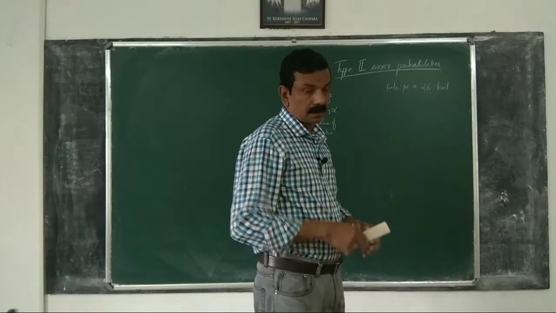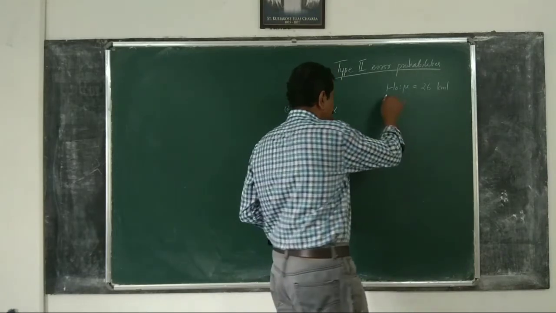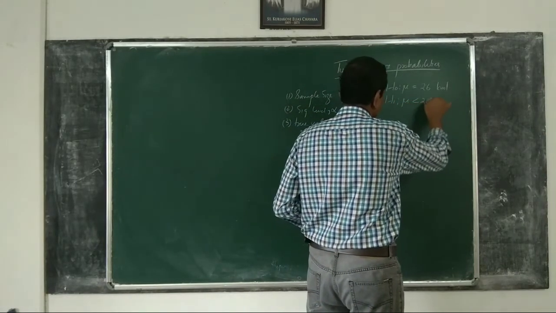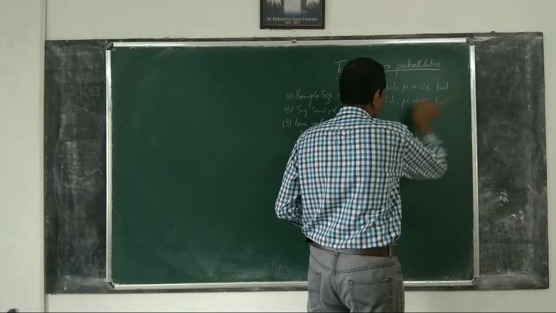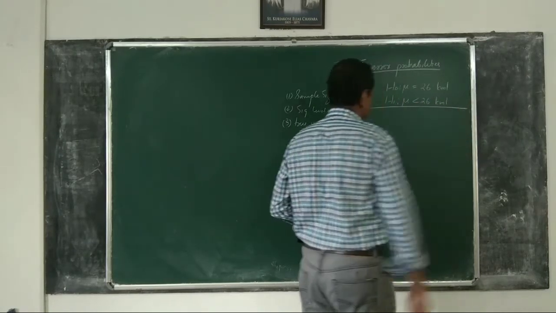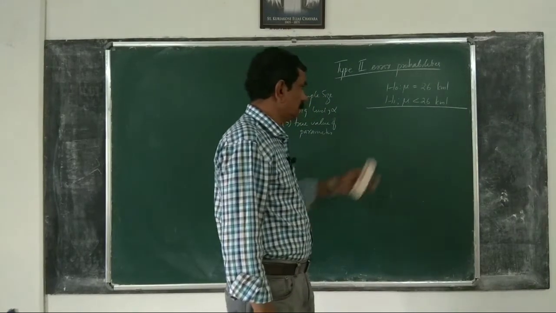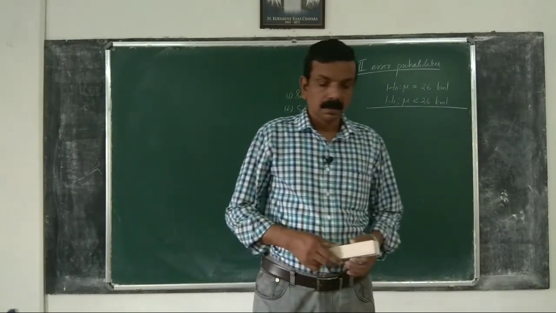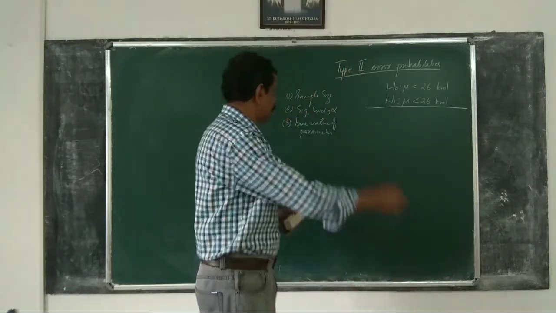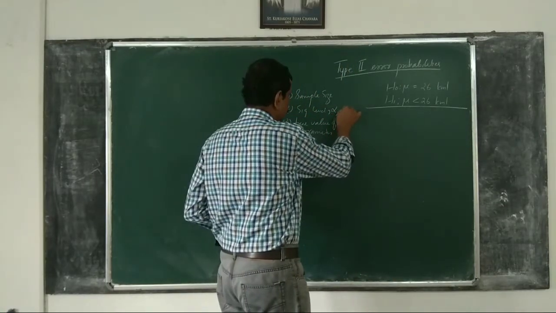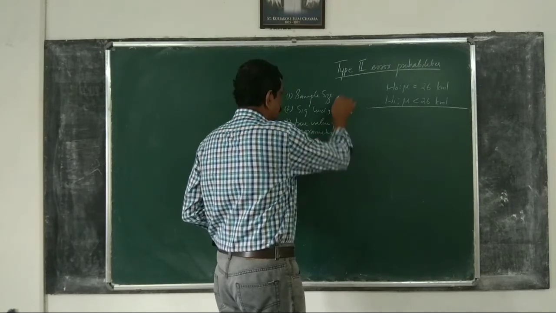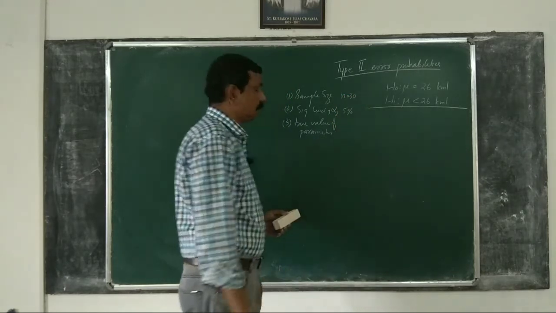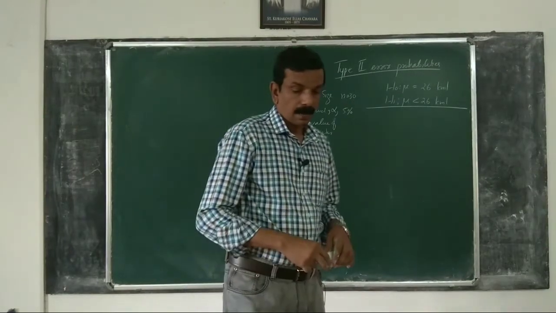H1: mu is less than 26 kilometers per liter. Assume that alpha is 5% and n is equal to 30.